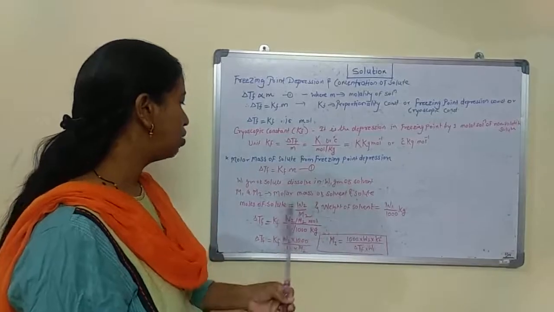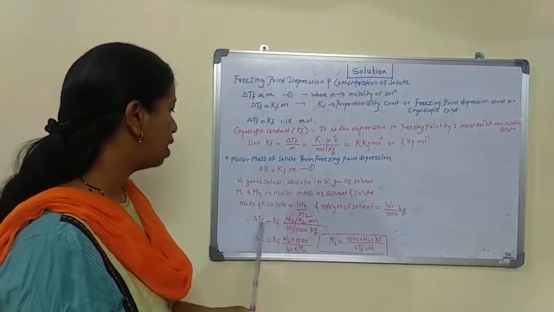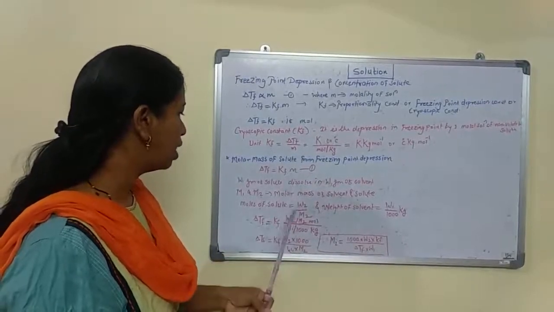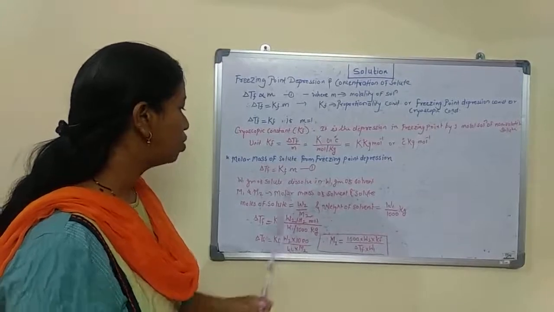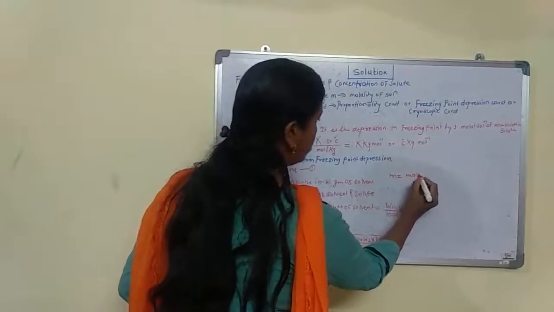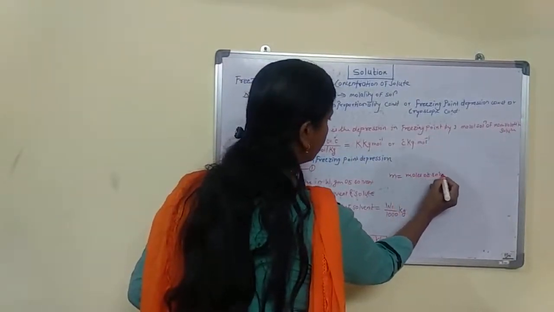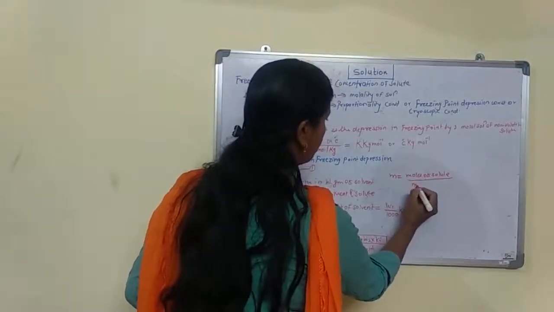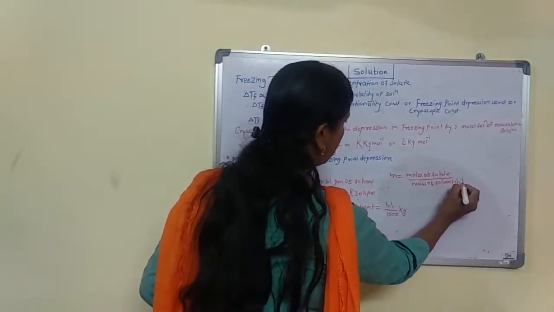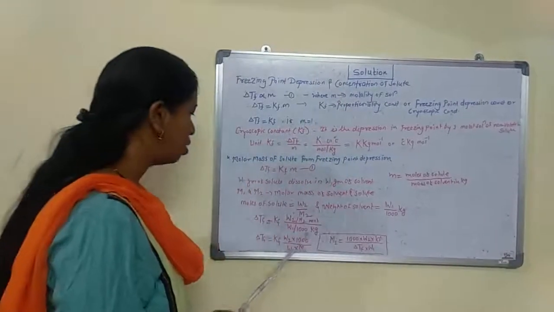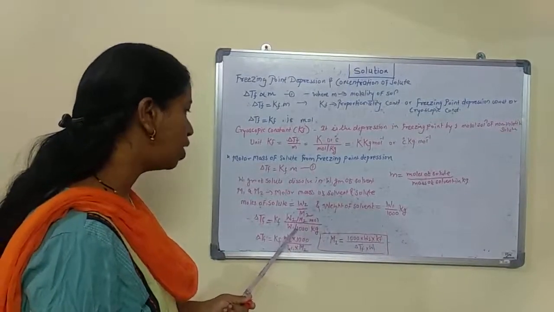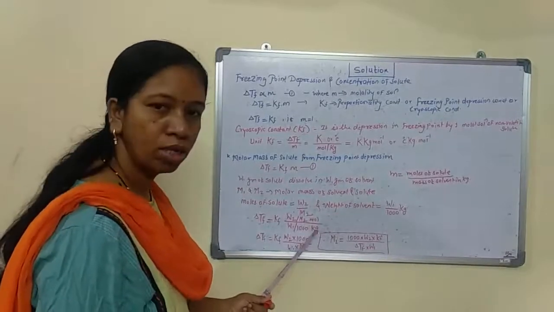Now substituting these values in the equation, delta TF equals KF, and instead of molarity we use moles of solute upon mass of solvent in kilogram. Moles of solute is W2 upon M2 mole, and the mass of solvent is W1 upon 1000 kilogram.